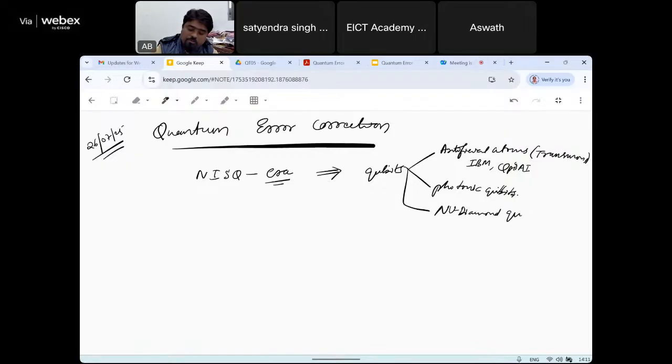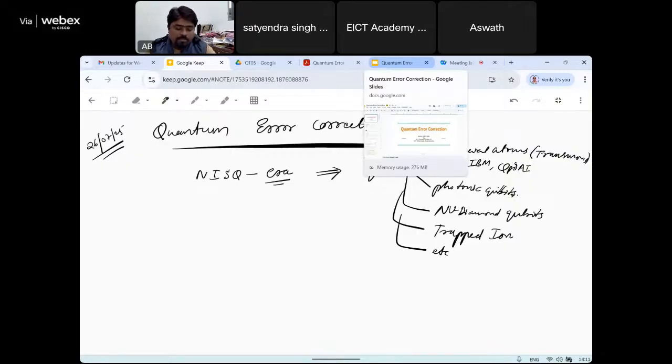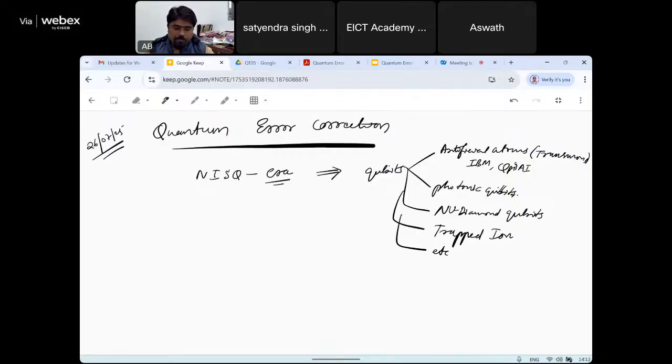So you can realize qubits there also. And you can realize trapped ions and other things. I will not name them all. If you take all of them, they are supposed to behave as per our requirement.